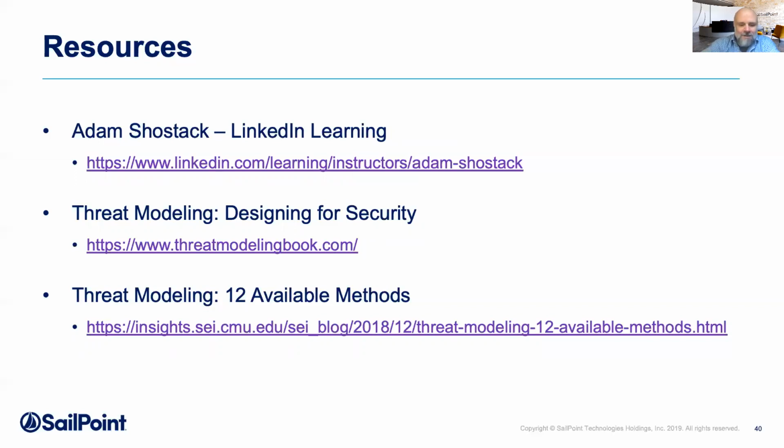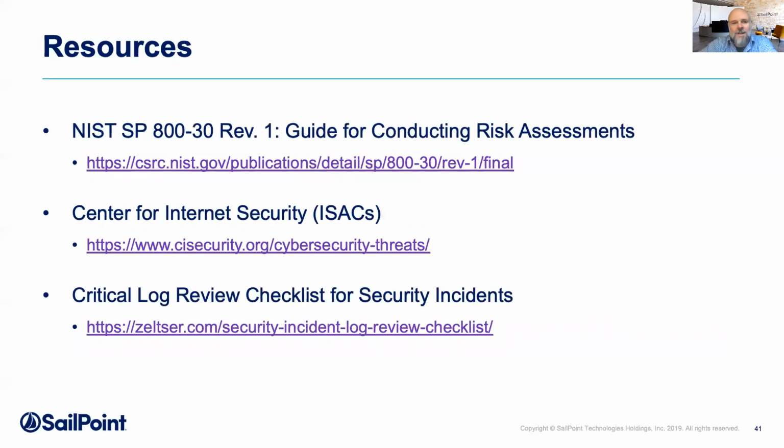I've got that link here out to the Carnegie Mellon blog, a link to the NIST document, and then publicly available information is great. If you can get involved in an ISAC specific to your industry, you can get some insider knowledge around threats that people are running into right now. So if your organization doesn't allow you to engage in an ISAC, tell them I said they should, because it's a gimme, right?